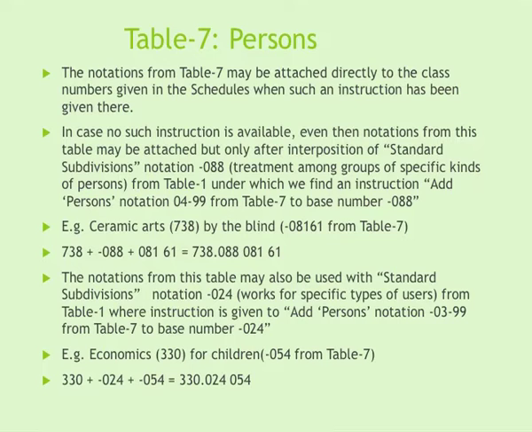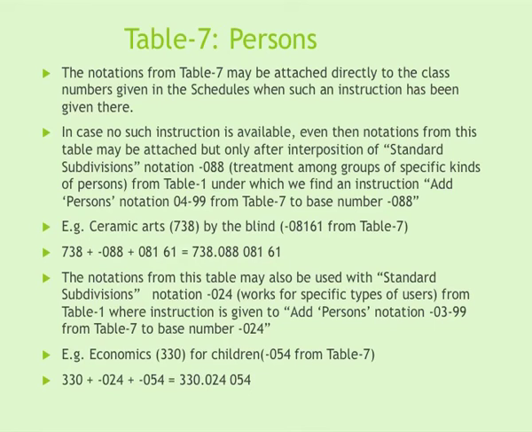We can attach the number from table 7 if no instruction is available, after adding the standard subdivision 088. 088 is the notation given in table 1 for treatment among a group of specific kind of persons. Treatment of a subject among specific kind of persons.